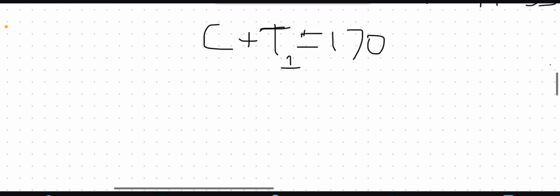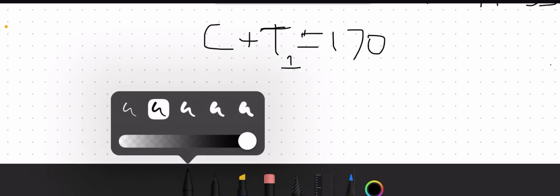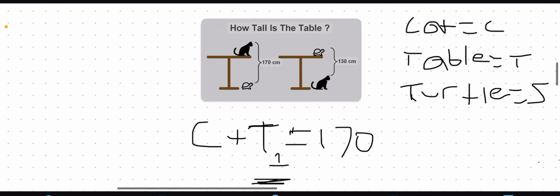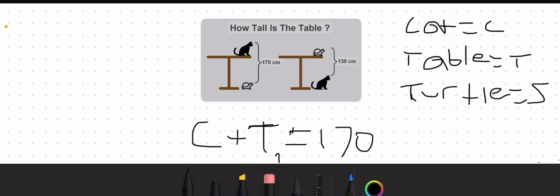But obviously, we can dive into what this T1 is, because really what that's representing is just the height of the entire table subtract the height of the turtle.